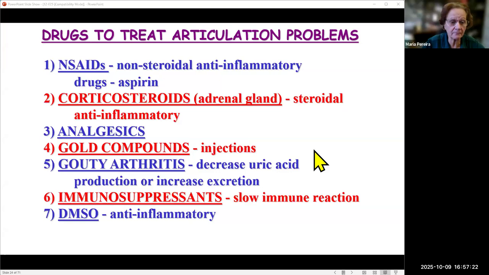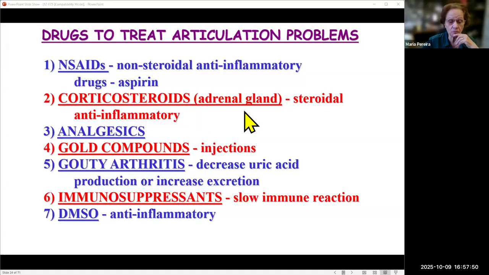Okay, so here are some of the drugs that can be used to treat these disorders associated with articulations. So as one of you suggested, Tylenol, NSAIDs, non-steroidal anti-inflammatory drugs such as aspirin, etc. Remember what they do? They prevent the production of those lipids, the prostaglandins. Then you have corticosteroids.